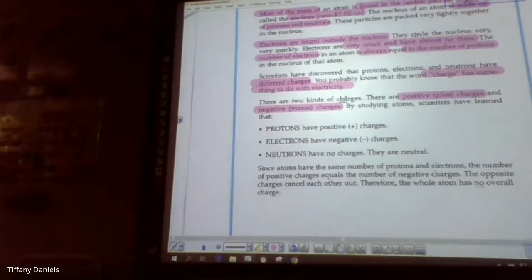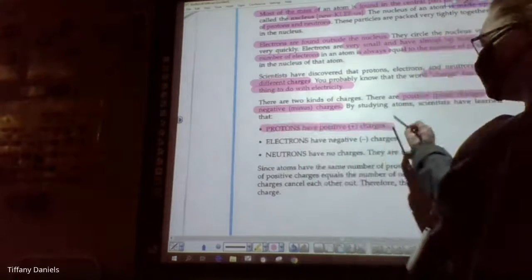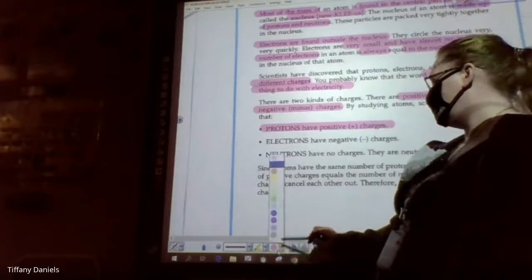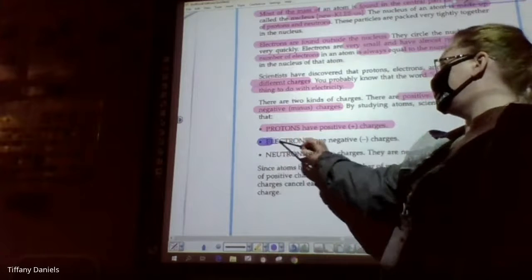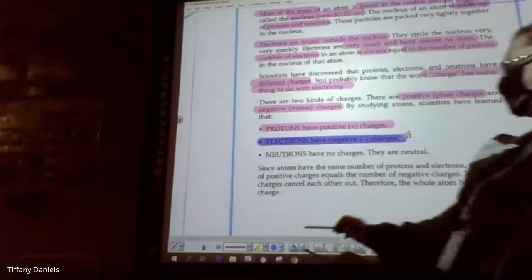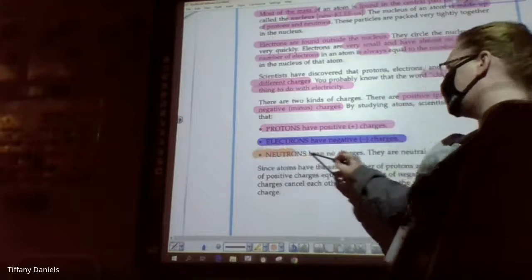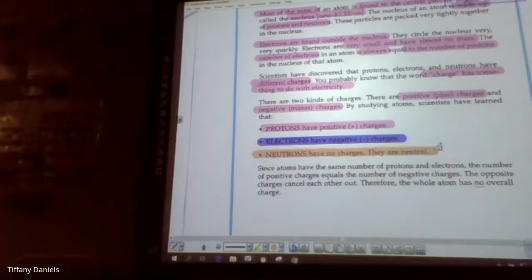By studying atoms, scientists have learned that protons have positive charges, electrons have negative charges, and neutrons are neutral.